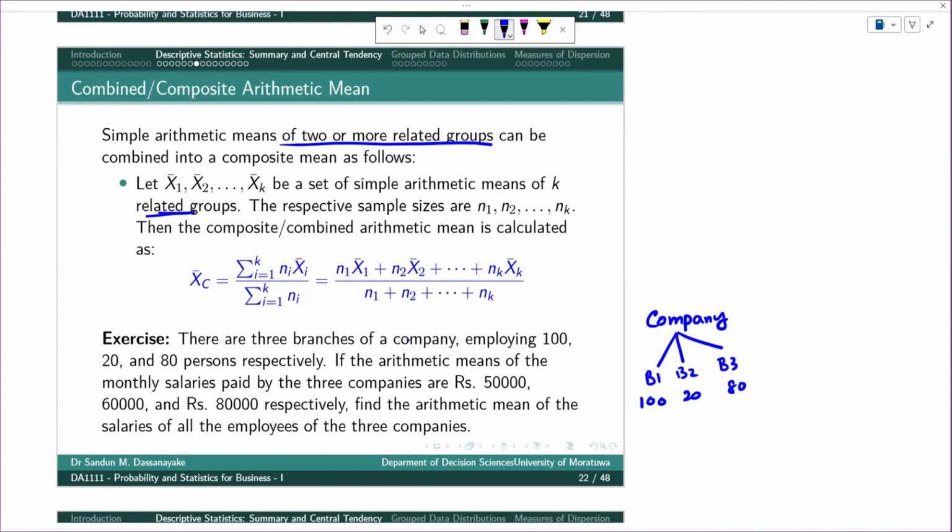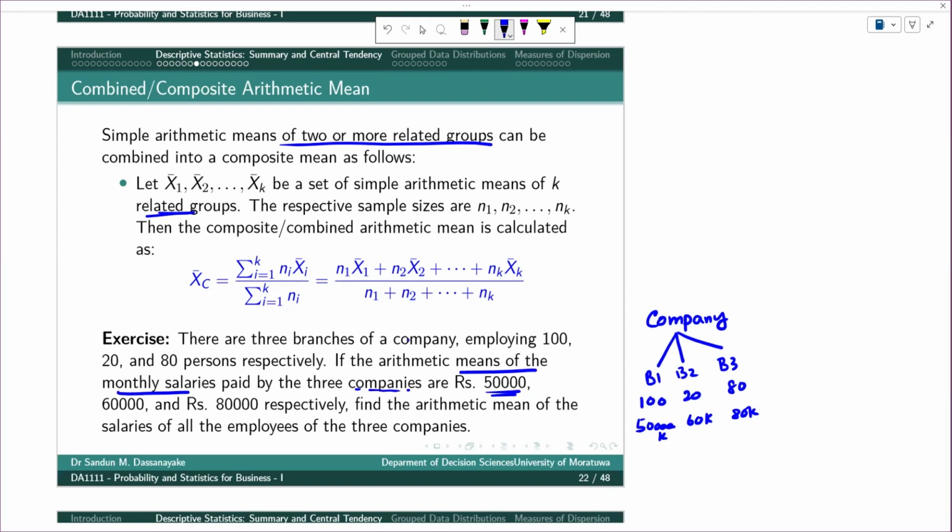If the arithmetic means of the monthly salaries paid by the 3 branches are 50,000, then 60,000, and then 80,000, say 50K, 60K, and 80K, these are the average means of the monthly salaries.